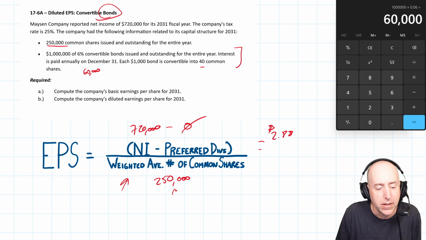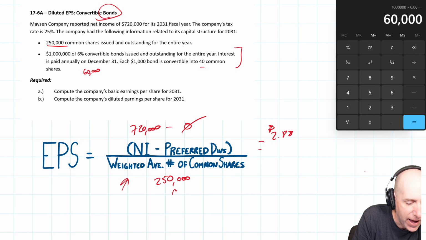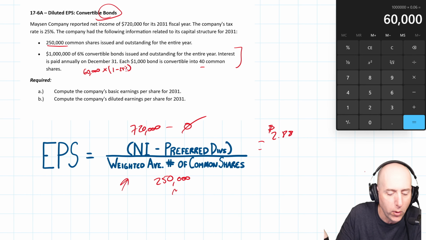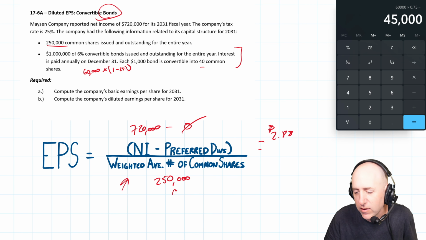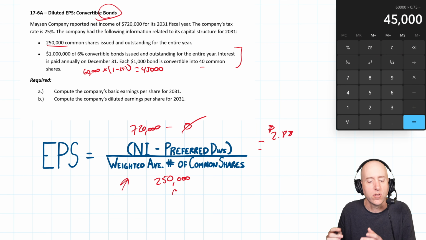The issue here is the interest is pre-tax. We need after-tax. So how do I get the after-tax number here? You multiply by 1 minus the tax rate, 1 minus 25%, so 0.75. So 60,000 times 0.75 net of tax. The net savings here is 45 grand.